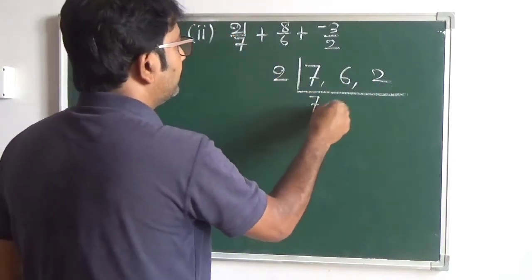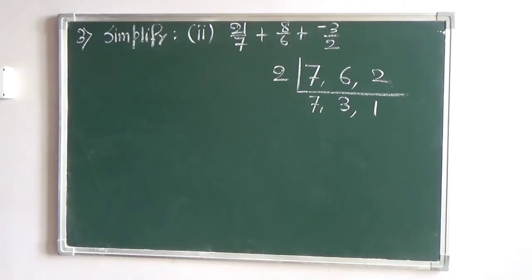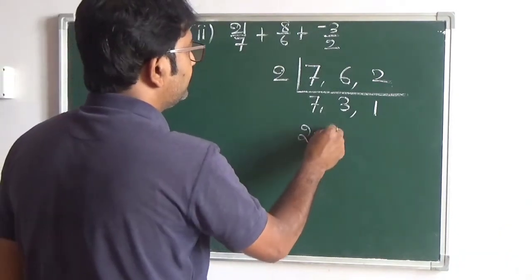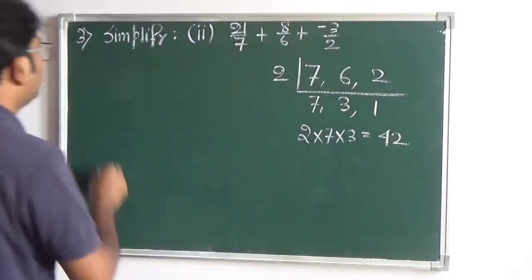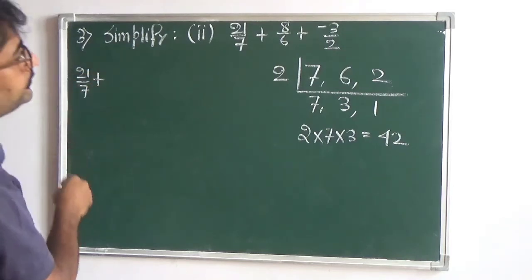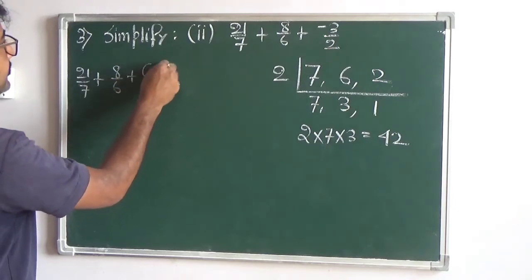The LCM is 2 into 7 into 3, and that is equals to 42. So we have 21 by 7 plus 8 by 6 plus of minus 3 by 2.